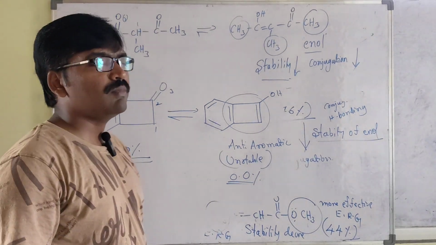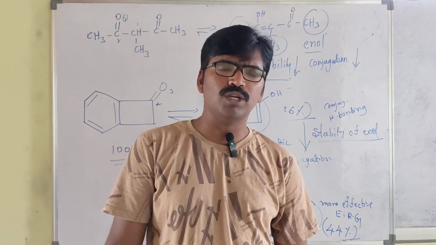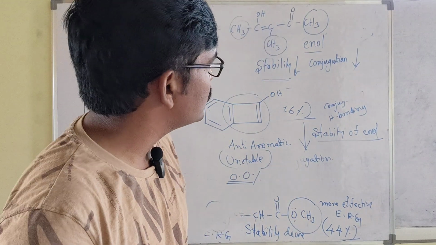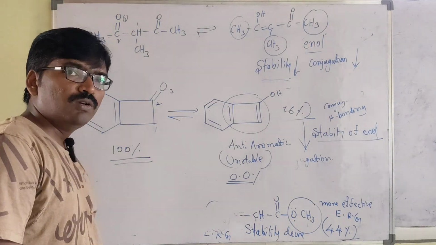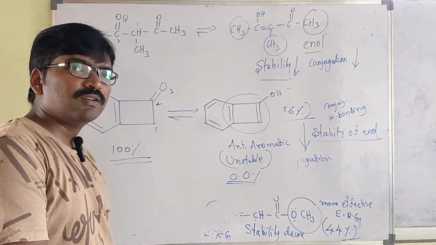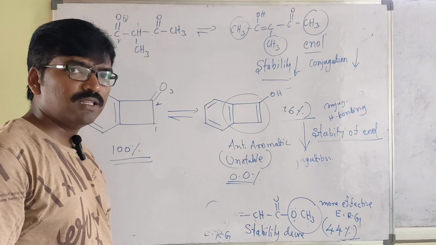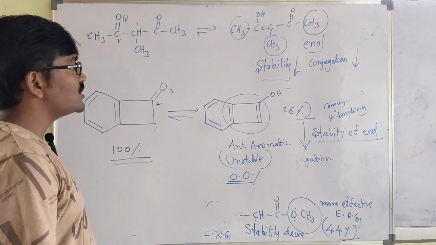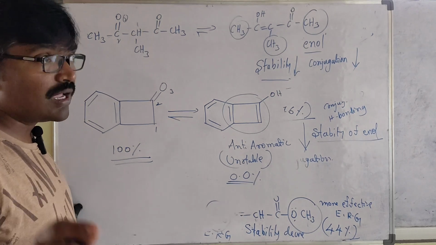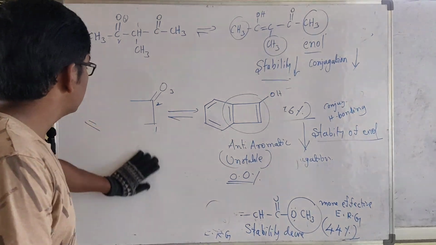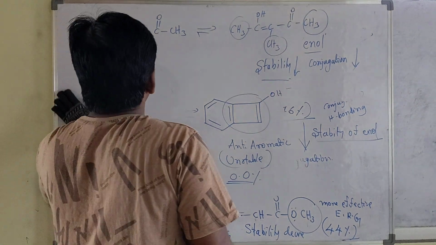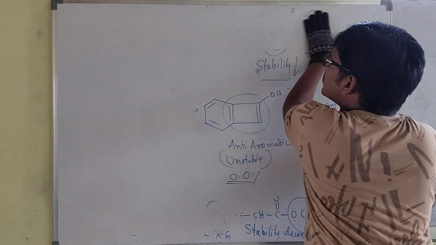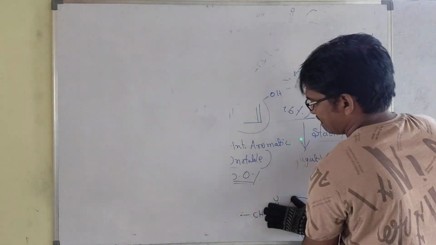So remember, my dear students, ketone formation is usually more stable, but in some cases enol formation is also more stable. And what factors affect it? One is aromaticity, then conjugation, then hydrogen bonding. Last, I told you, even the solvent also matters. When does the solvent work? One of the compounds we will discuss based on the solvent.